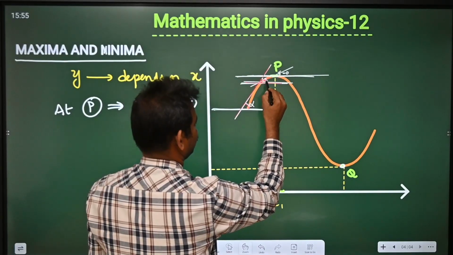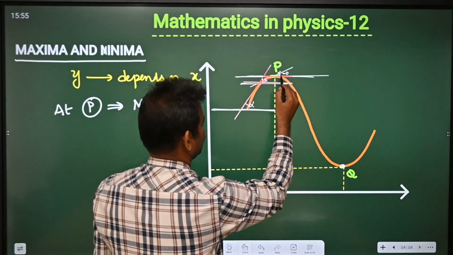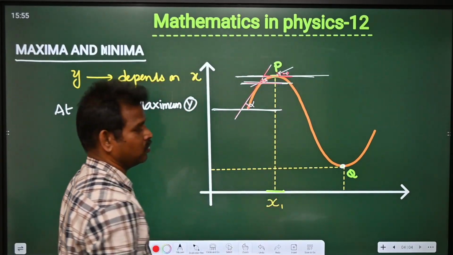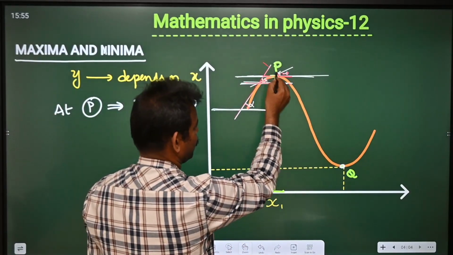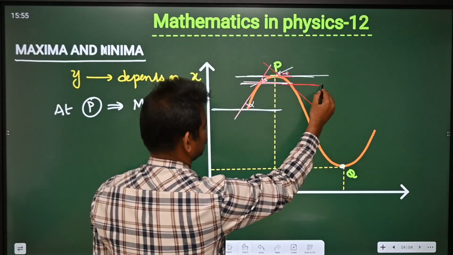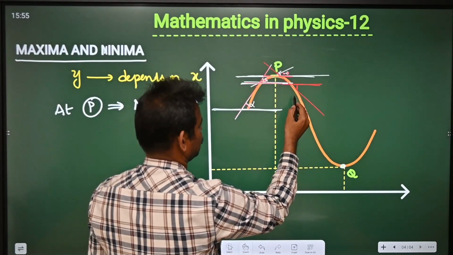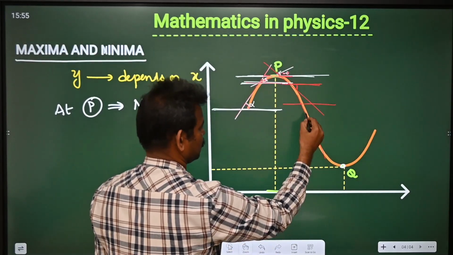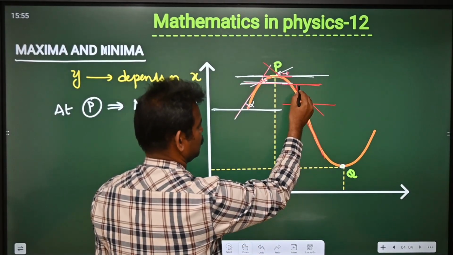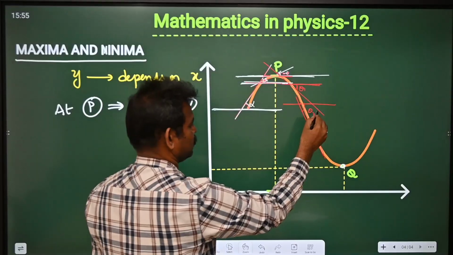At this point beta. At this point both lines are parallel. Gamma is equal to 0. And after that, suppose you want to find a slope here, draw a line and the x-axis. So this angle is increasing, and here draw a line, this one tangent. So this theta is increasing, theta 1, theta 2.